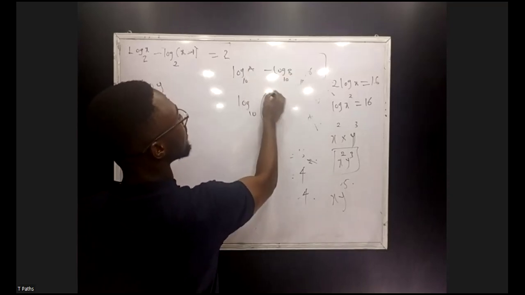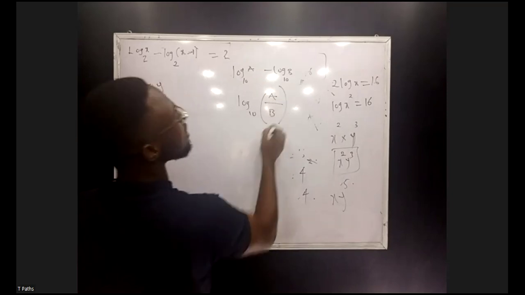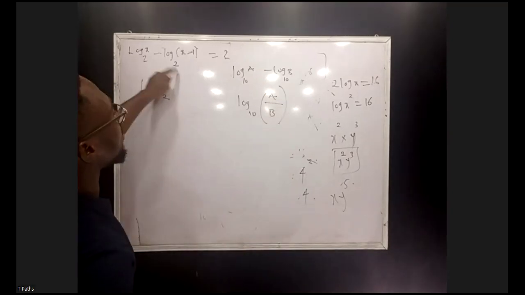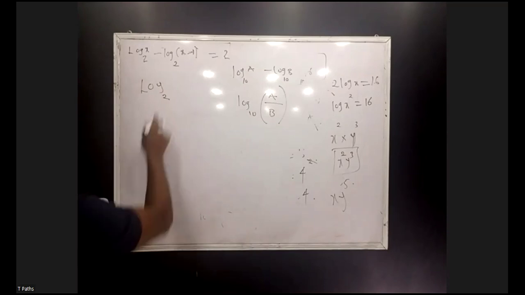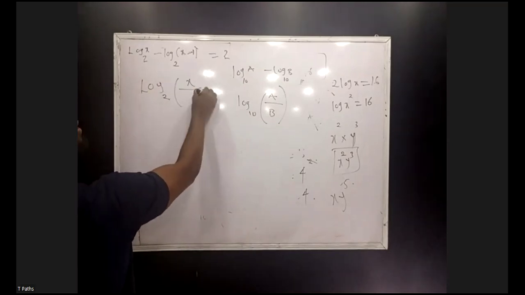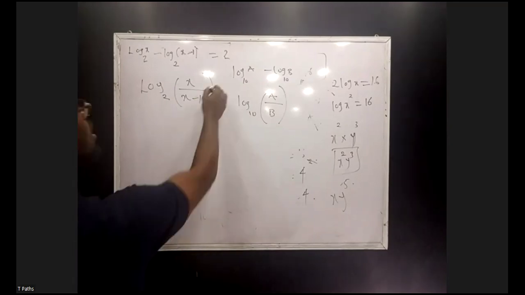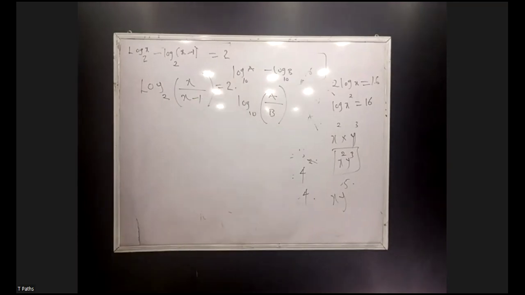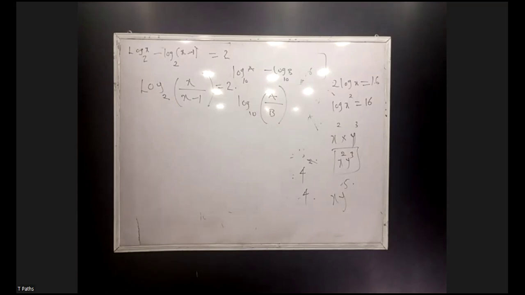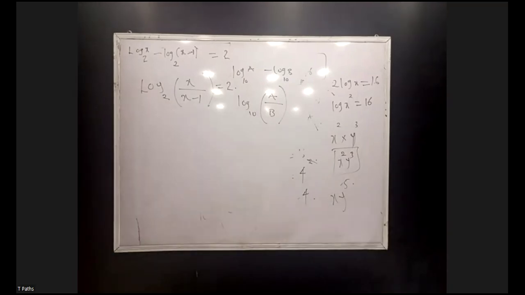I will now divide the first by the second. That's x divided by x minus 1 equals what? 2. Am I making any sense?